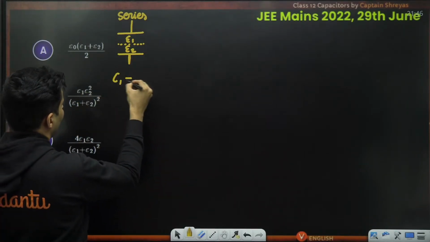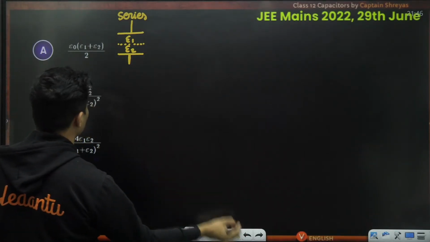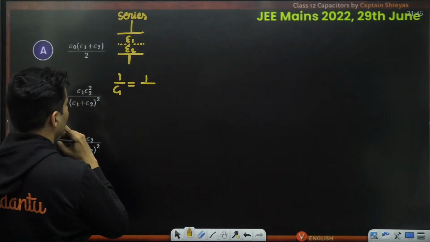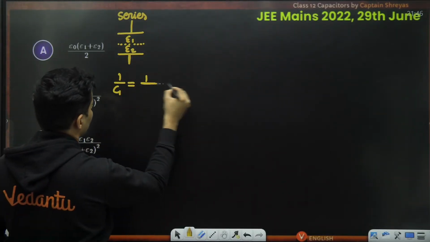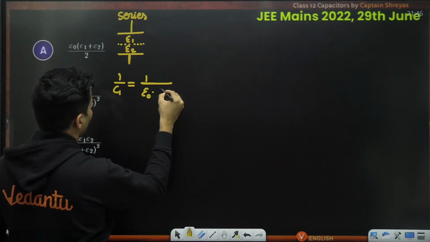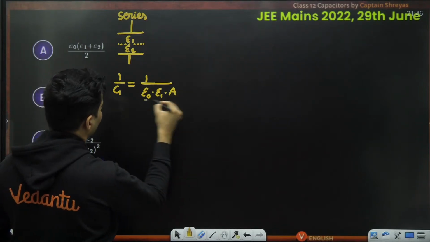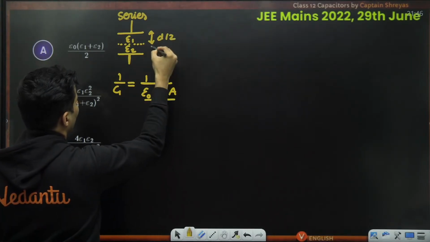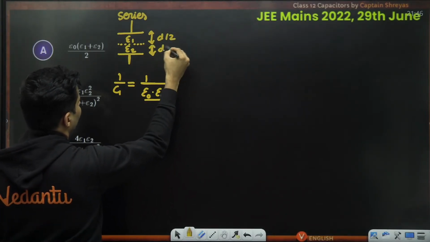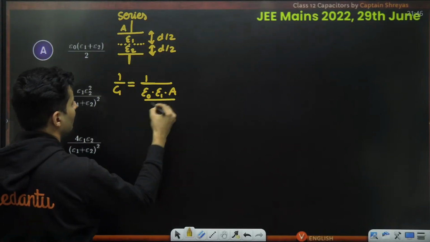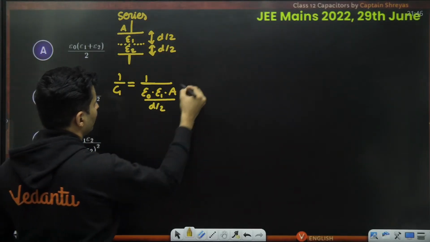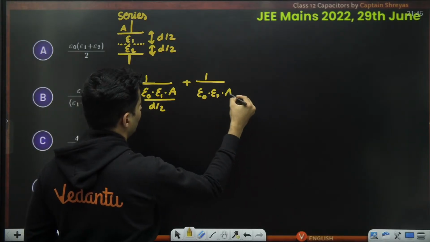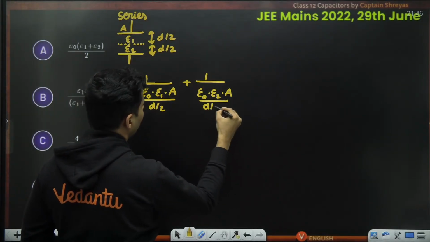For the capacitance C1, I have to use this formula: 1 by C1 is equal to 1 by epsilon naught epsilon 1 A by D by 2, plus 1 by epsilon naught epsilon 2 A by D by 2.